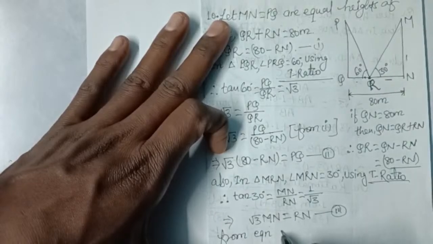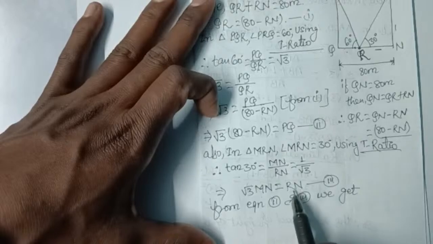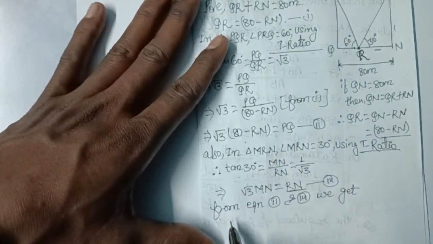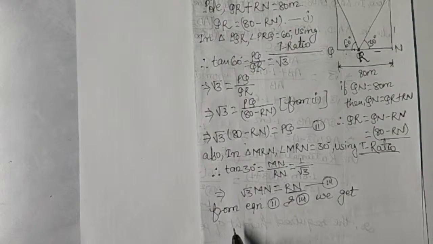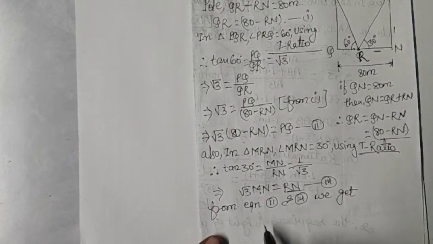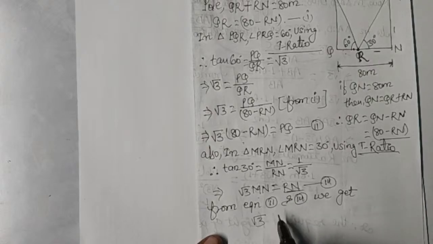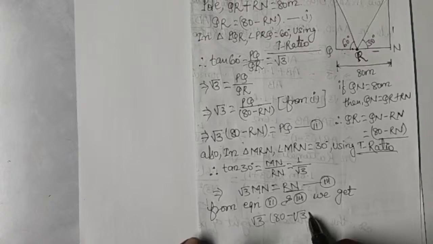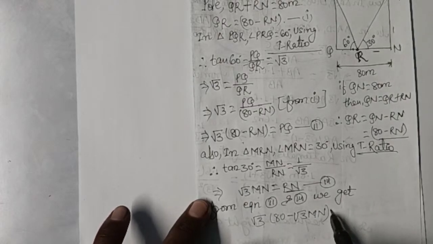From equation second and third, we get, if we put the value of RN in the second equation, then we will find √3 into 80 minus RN, which is √3 MN, because here RN is equal to √3 MN, and equals PQ.